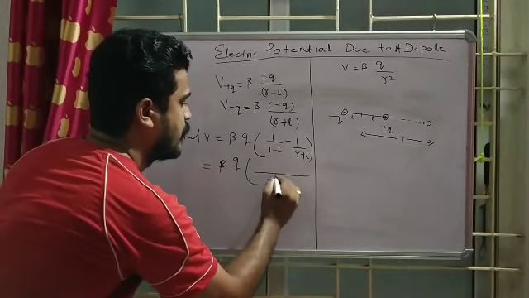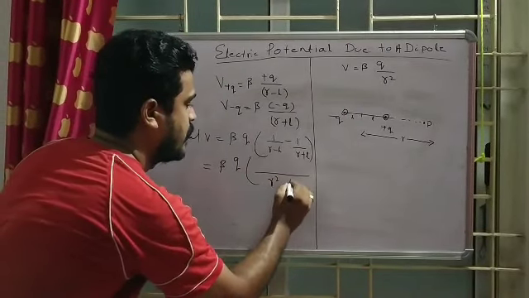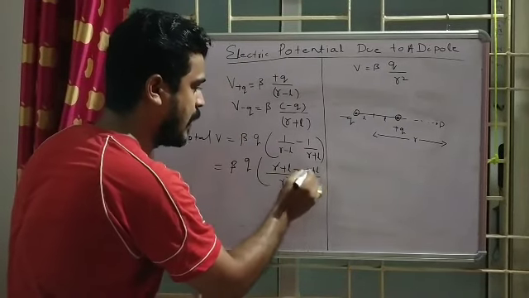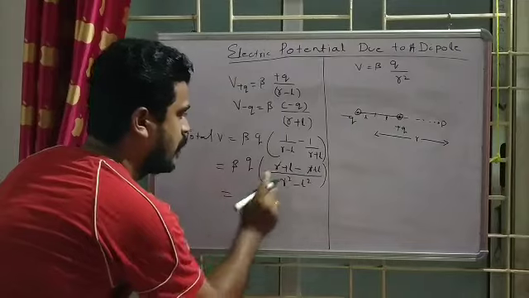The LCM will be r square minus L square. The numerator will be r plus L minus r minus L. Minus means r minus L, so if I remove the brackets it will be r plus L, and r will get cancelled out, leaving 2L.